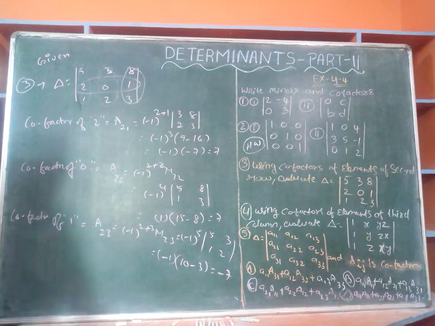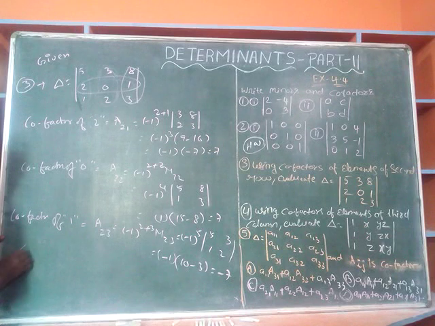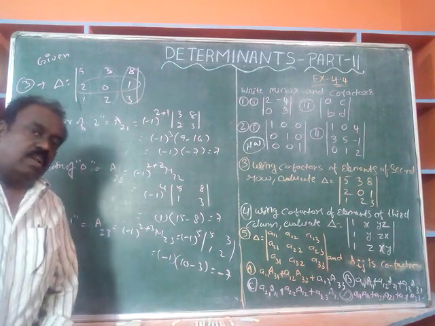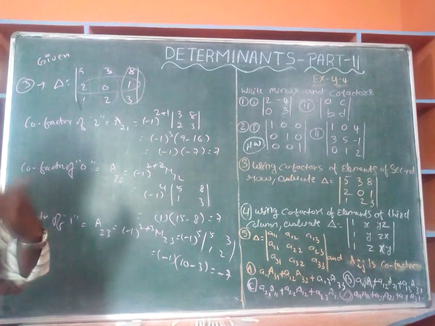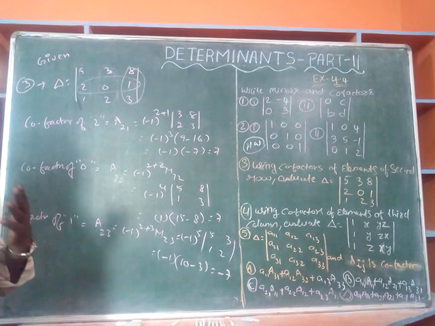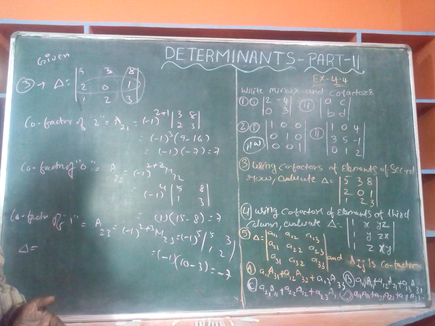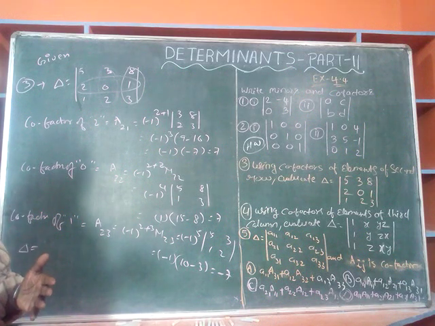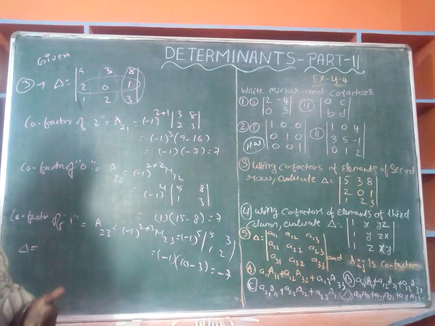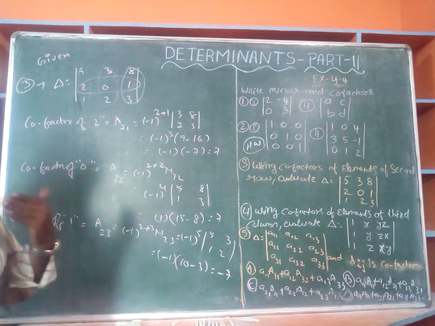First part is over. Now the determinant. Observe, one second, we recall: what is the determinant of a 3 by 3 square matrix? The determinant of a 3 by 3 matrix is the sum of the products of all elements of any row or any column.